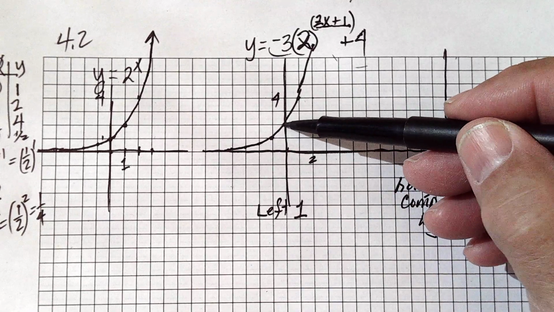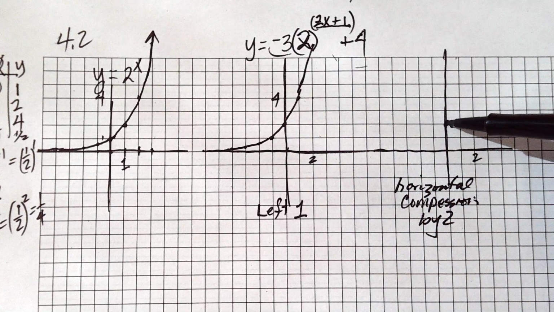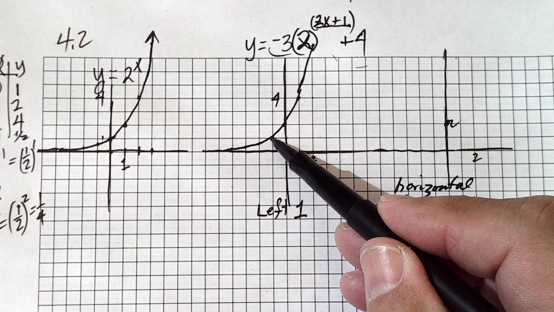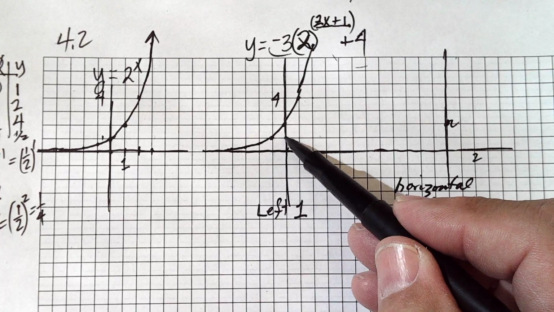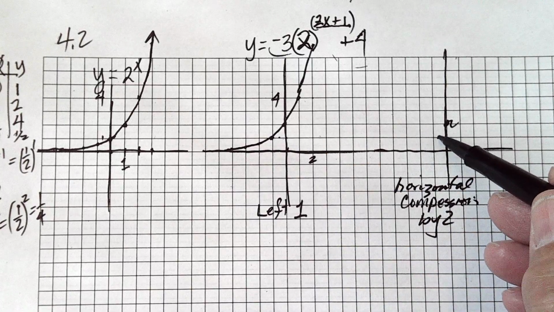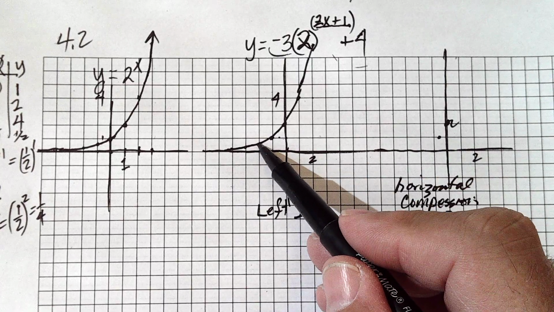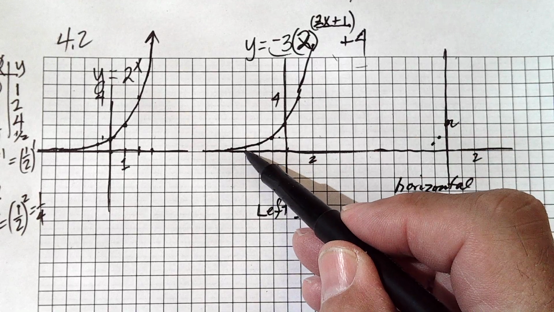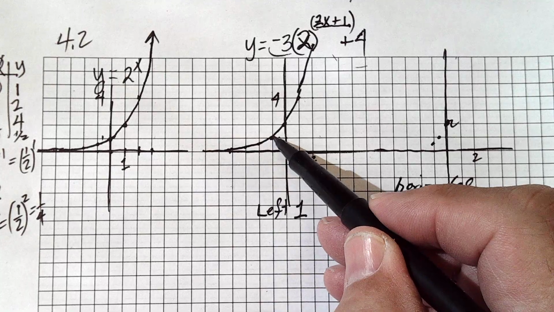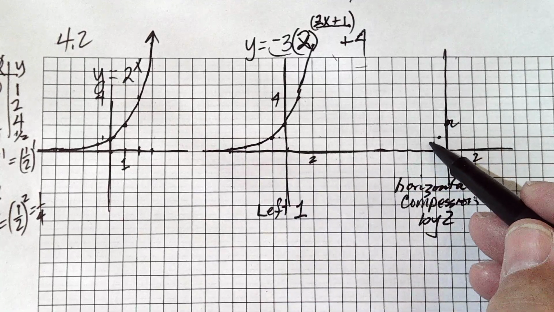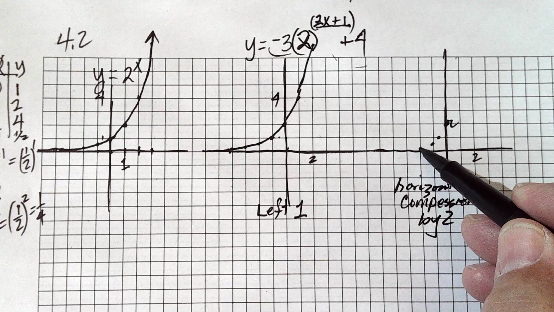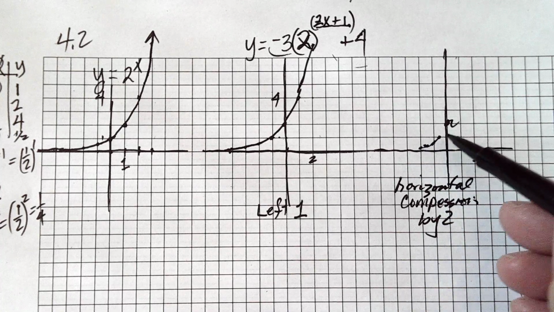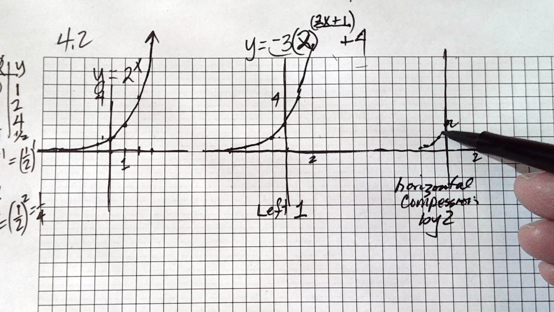So this was on the y-axis, it stays on the y-axis. At -1, it was 1, so half as far away would be at -1/2. At -2, it was 1/2, so now at -1, it's 1/2. Then it's going to be an eighth here, a quarter there, a half, and then this one's still on there.